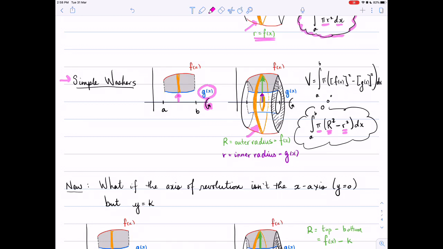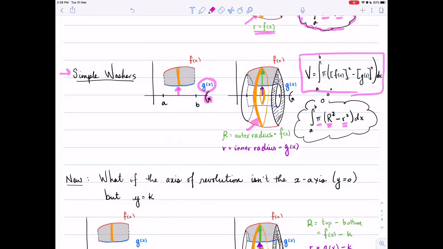In terms of the functions, the volume is given by the integral from a to b of pi times f of x squared minus g of x squared, pi times the whole thing. To relate these, the outer radius, the bigger radius, is our function f of x, and little r, the inner or smaller radius, is g of x.